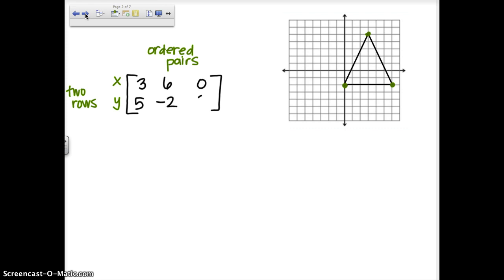And the third ordered pair would be 0, negative 2. Okay? So this 2 by 3 matrix, 2 rows, 3 columns, is our coordinate matrix. And we're going to keep coming back to this one as we look at some examples.